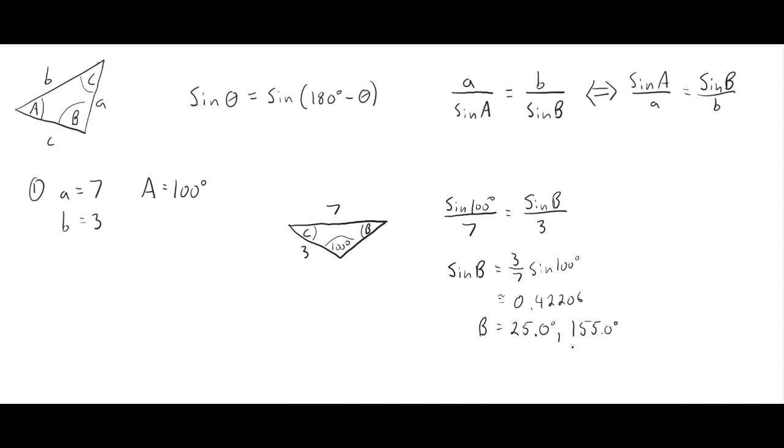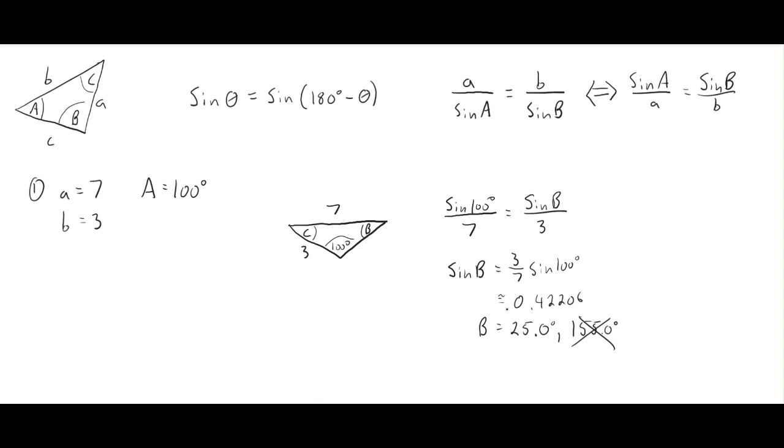But if B was 155, that's not going to work, because 100 plus 155, that's already 255 degrees. So that's too big. That can't be a triangle. So that triangle is no good. Just one possible angle there. So there we go. There's going to be one possible triangle that follows this given information.